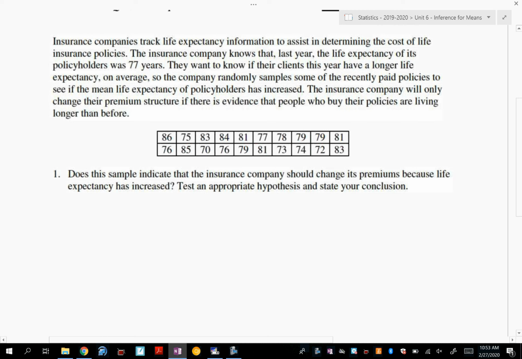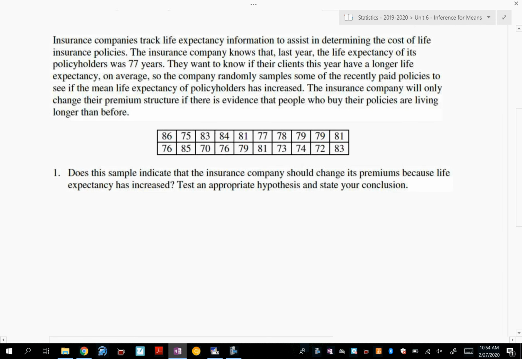All right, and so they are always keeping track of how old people are when they're dying, because that will change how much they're going to charge you. Right? It's all about that risk. So they're looking at this sample of 20 people and their ages.